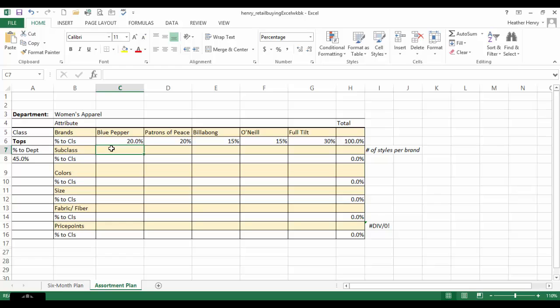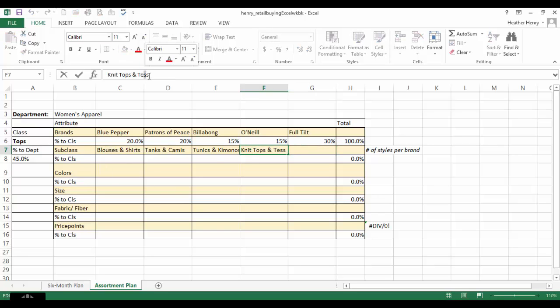So next, within the tops department, I noticed the different subclasses that were carried included blouses and shirts as one, tanks and camis as another, tunics and kimonos as another, and knit tops and tees as another, and the essentials, also known as the basics, as another.